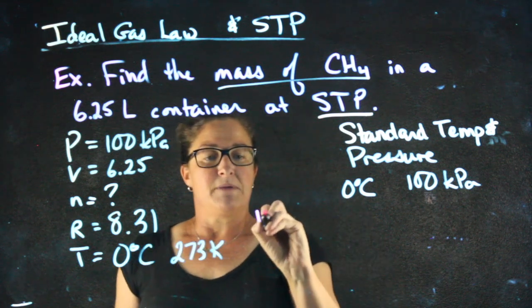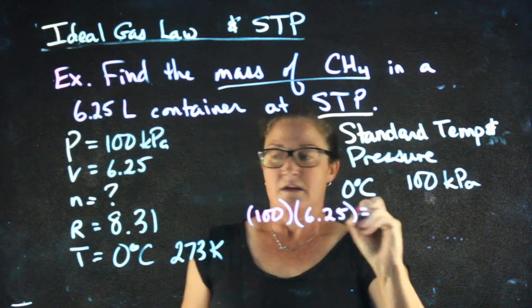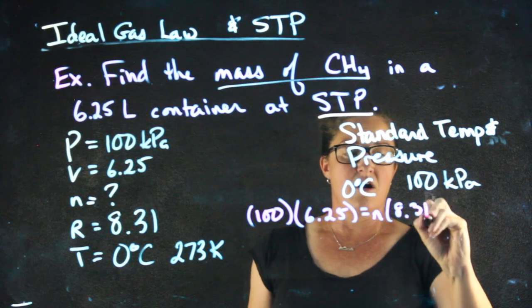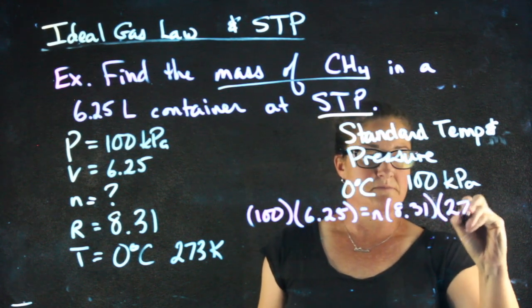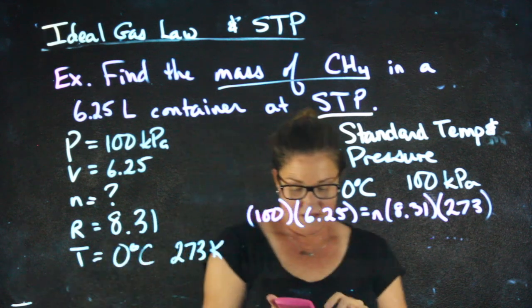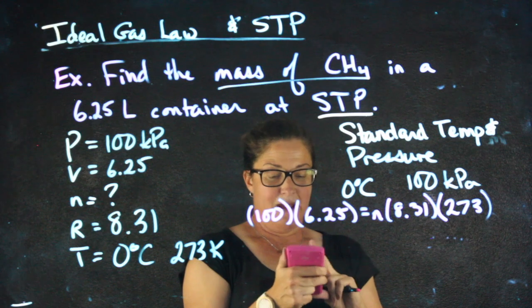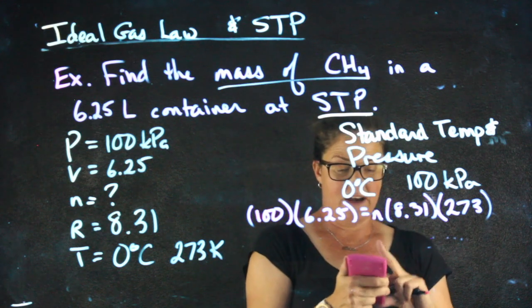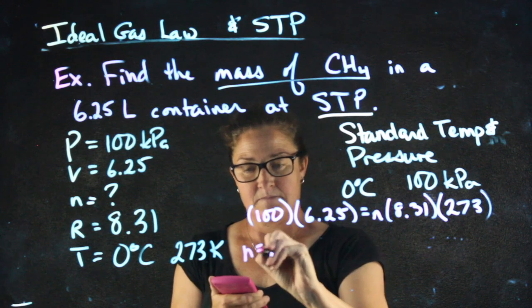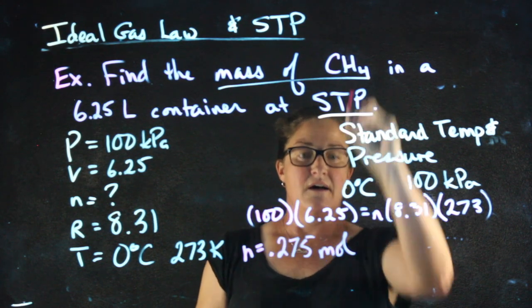So PV equals nRT. 6.25 times 100 divided by 8.31 and divided by 273 gives me 0.275 moles of CH4.